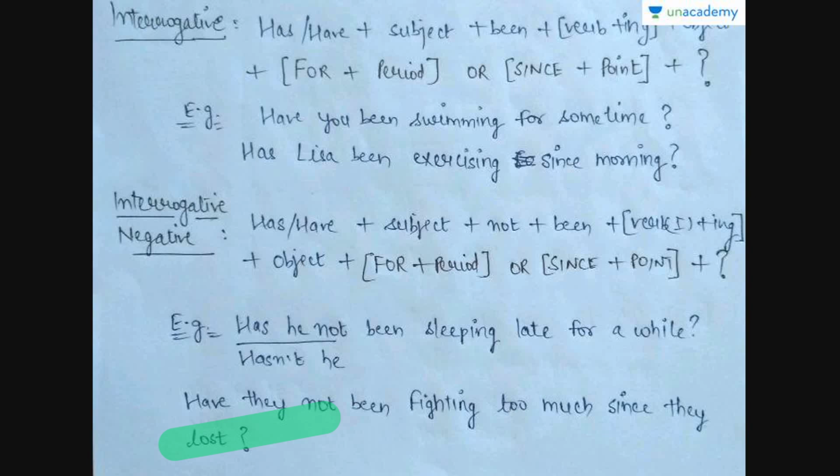But if there is only a helping verb used, like is, am, are, or has, have, or had, or has been, have been, but they are not followed by any verb, they all are simple present tense, not continuous, not perfect continuous, but simple tenses. And we'll talk about simple past tense also in the past tense.